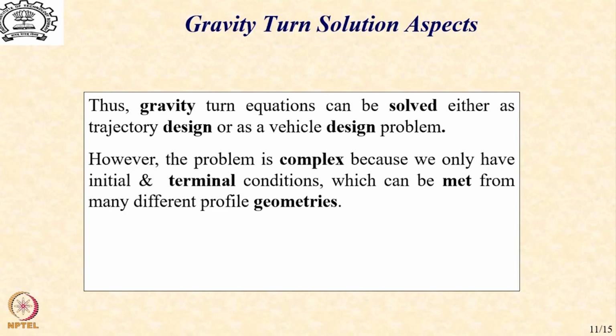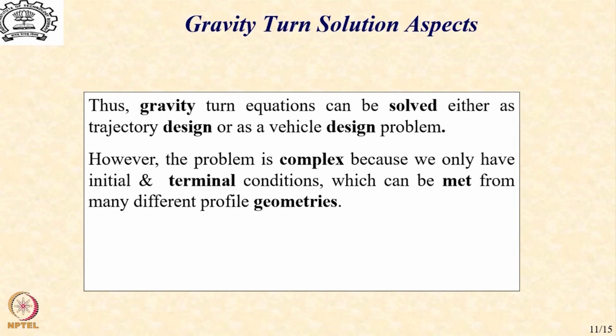However, it is worth noting that the problem is complex because we only have an initial point, which is the launch point, and terminal conditions, which we are going to talk about later, which can be met from many different profile geometries.